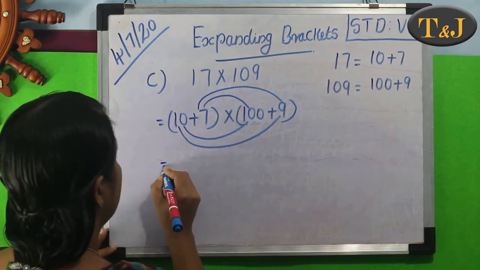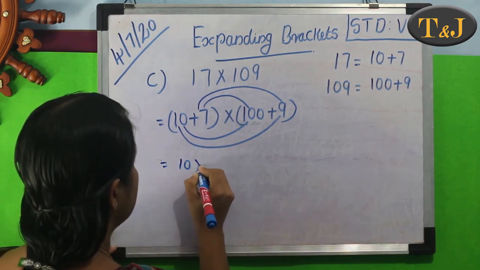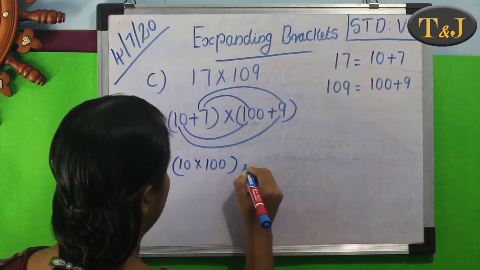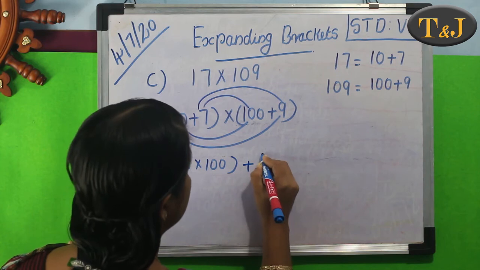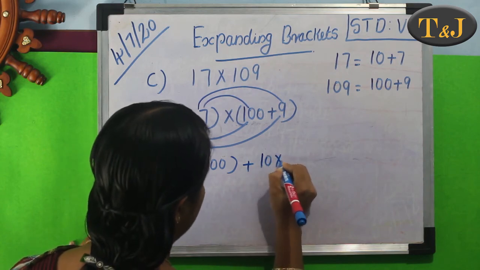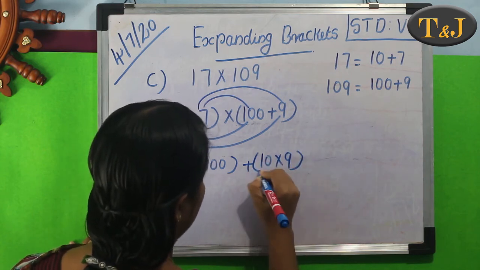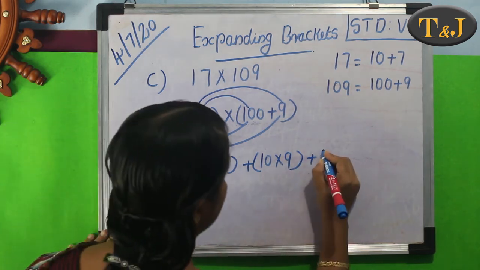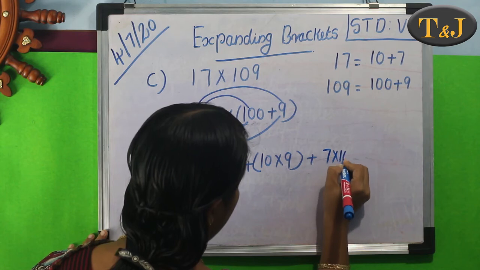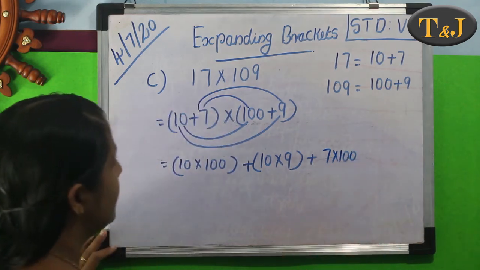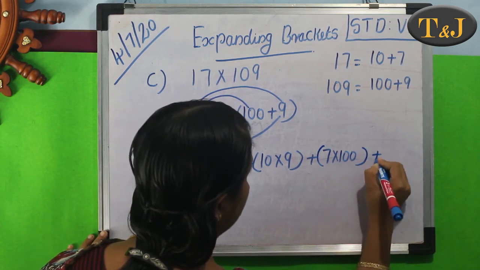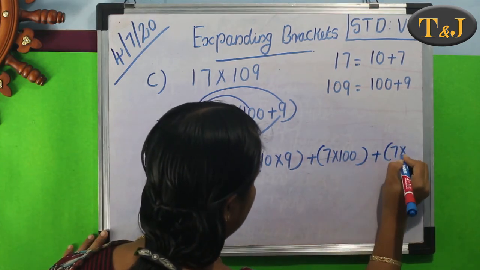Then put brackets, then plus. Next is 10 and 9, then write 10 multiply 9, then plus. Next is 7 and 100, then write 7 multiplied by 100. Then last is, yes, 7 and 9. Then write the number 7 and 9.